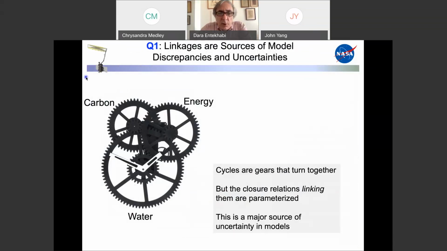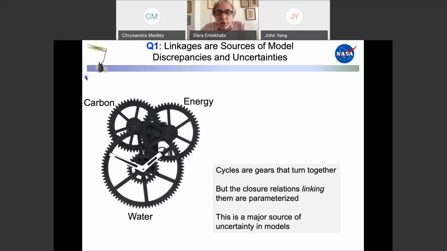These gears turn together, and every single Earth system model has to have linkages between these 3 cycles embedded in it. It's never in one line of code. It's spread around in many lines of code across parameterizations. So how these things are linked in Earth system models is an emergent behavior, not a coded behavior.